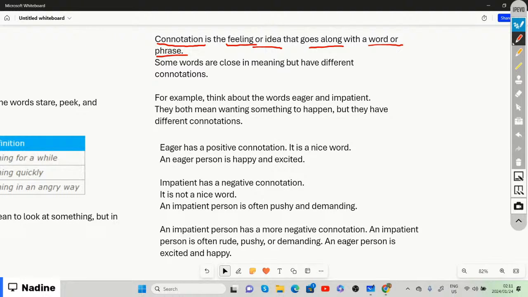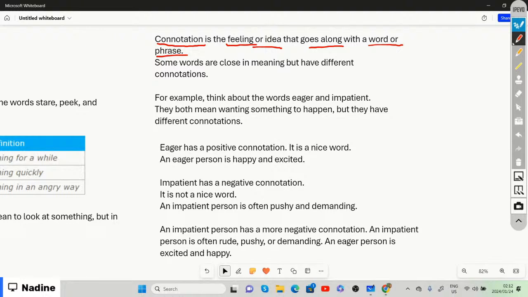And then some of the words are very close in meaning, but some have different connotations. So connotation is the feeling or idea that goes along with the word or the phrase.